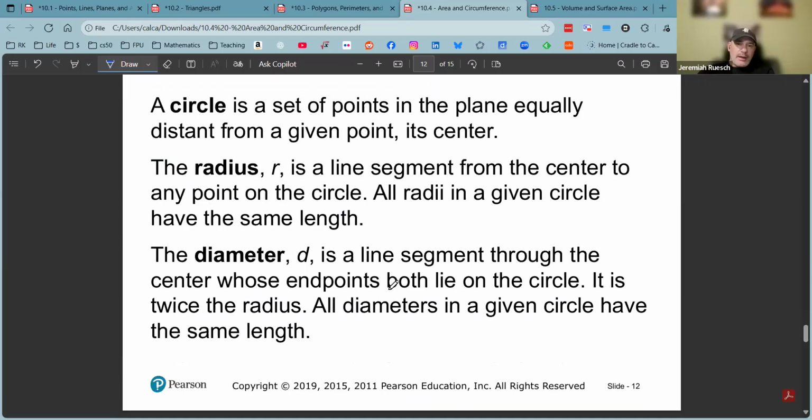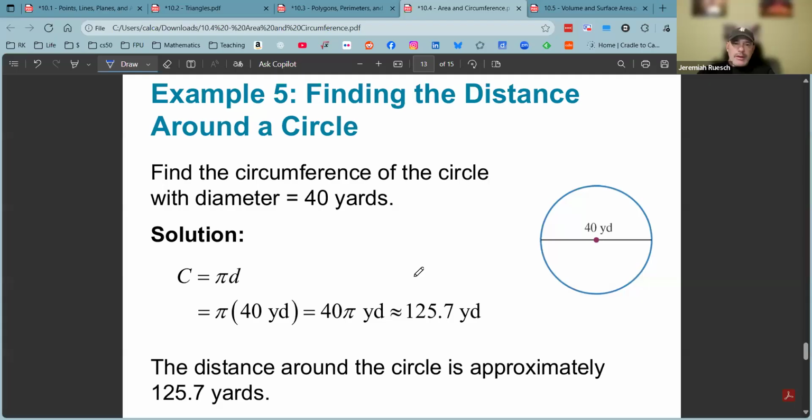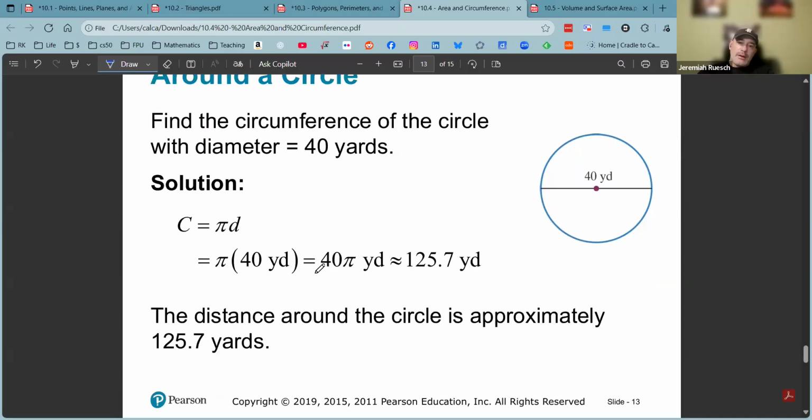So the circumference in this case is equal to the diameter times pi. Another way of saying that would be circumference is equal to 2 pi r, where the 2r is there's a radius here and a radius here. Adding these together, you get 2r, which is the diameter.